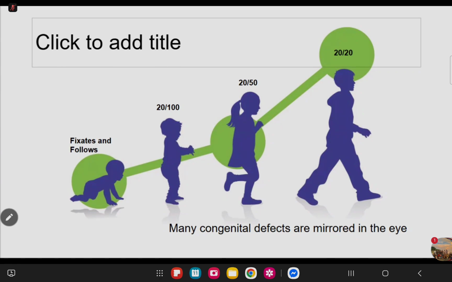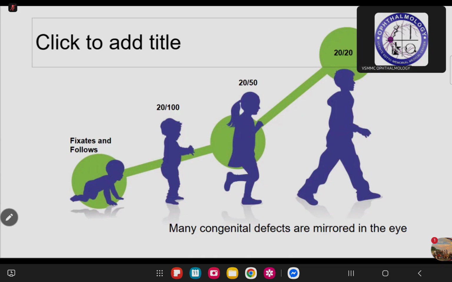If the patient is able to fixate onto the object that we are stimulating, and is constantly following the object, that is recorded. Around preschool, the patient is expected to have near vision around 20/100, and around school age, patients can be at 20/50 or 20/40. From school age to teens, they are expected to reach the 20/20 vision.